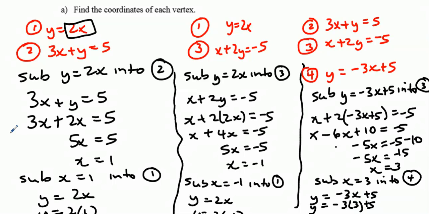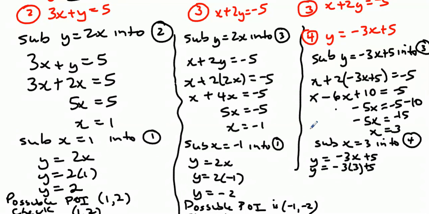And that looks like negative 4 to me. And y equals negative 9 plus 5. So y equals negative 4. So our possible point of intersection in this example is (3, -4).